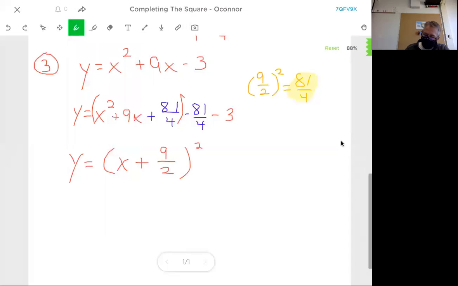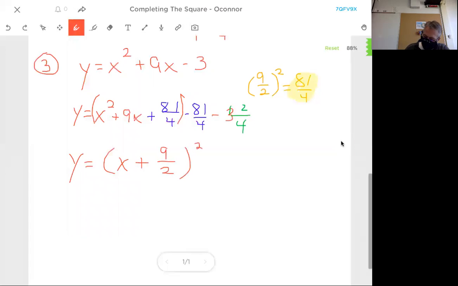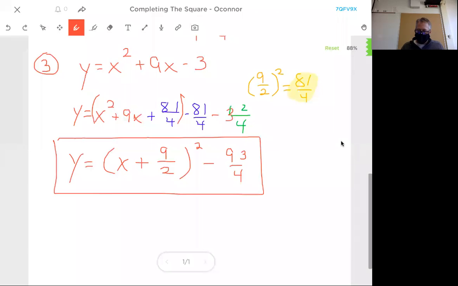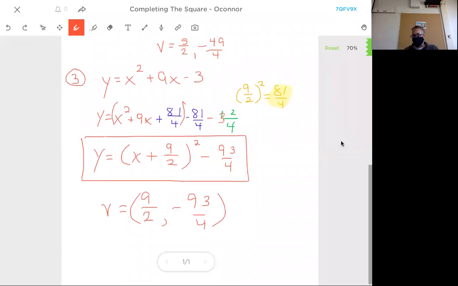And then I have to do -81/4 minus 3, and I'll write the 3 as 12/4. So that's minus 93/4. So even though we are getting some ugly numbers, like a vertex of 9/2 for our x and -93/4 for our y, it still is doable if you remember a couple of shortcuts.